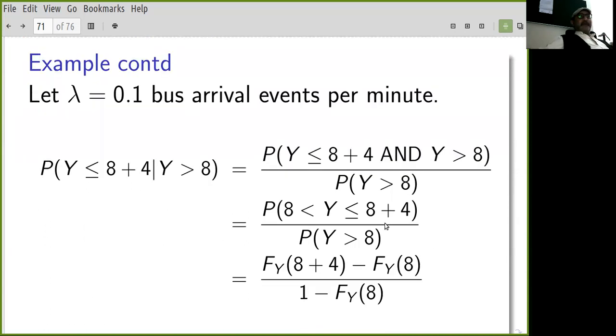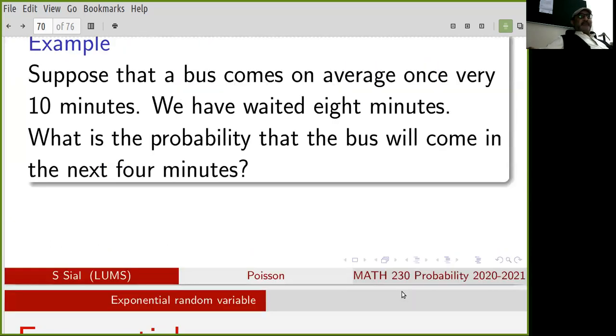Now, how can I find this? Well, I can take the cumulative distribution up to 12 minutes and subtract the cumulative distribution up to 8 minutes, divided by 1 minus the cumulative distribution up to 8 minutes, right?